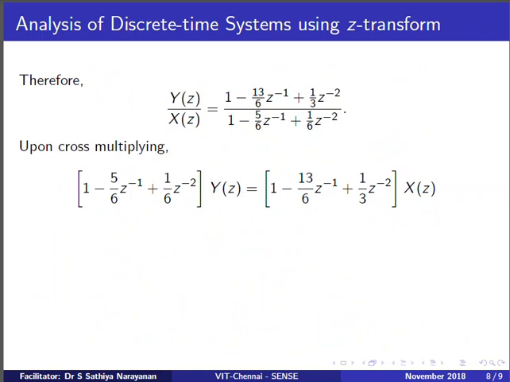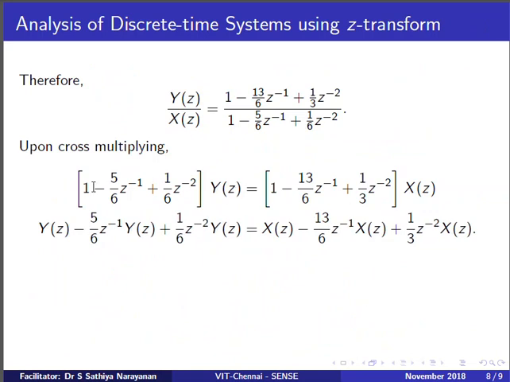So now multiply to the individual terms. So this becomes Y of z minus 5 by 6 z inverse Y of z plus 1 by 6 z power minus 2 Y of z is equal to X of z minus 13 by 6 z inverse X of z plus 1 divided by 3 z power minus 2 X of z.